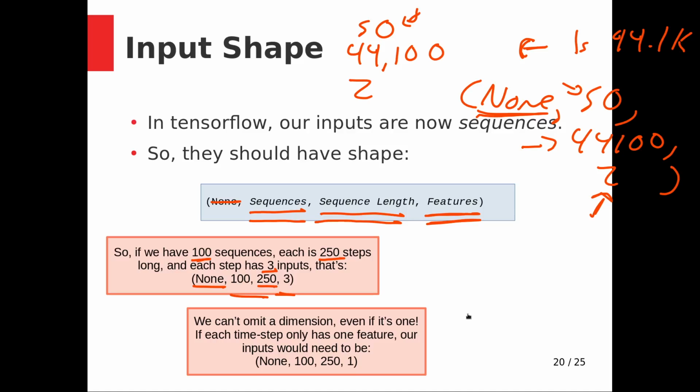Note that we cannot omit a dimension even if it's 1. So if I have a one-dimensional signal, like a single sine wave, I still have to include that last dimension.